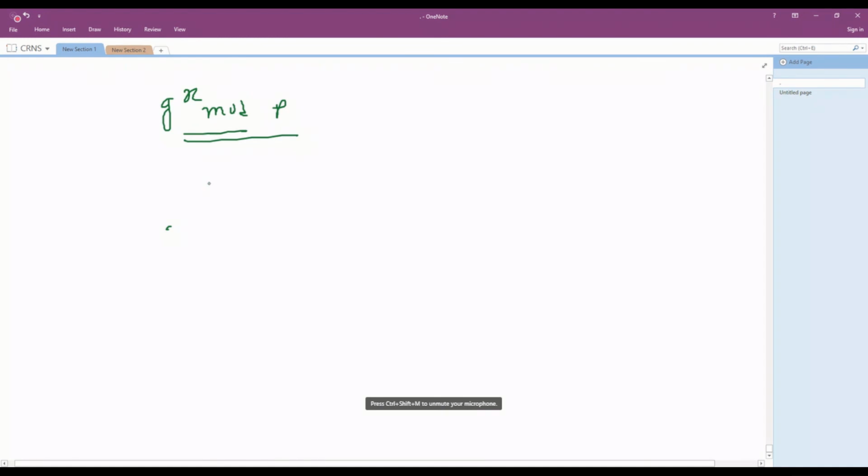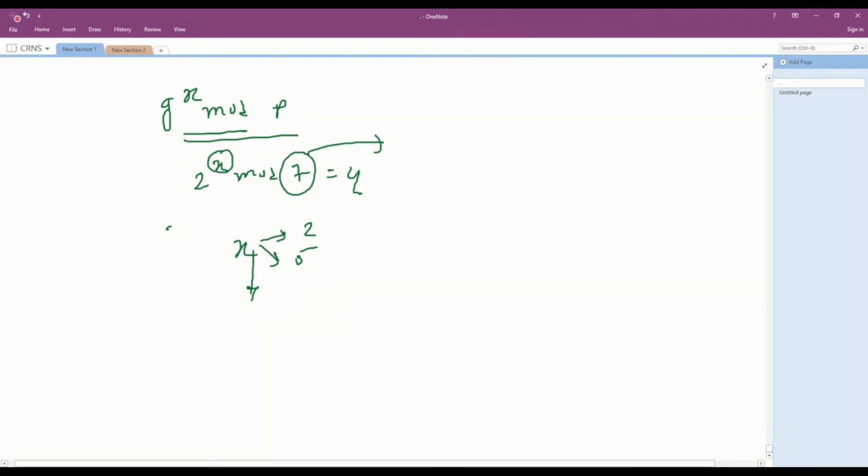If I put it this way, 2 raised to x mod 7 equal to 4, which is given to you, then for x you will have multiple possible values. Two of them are, let's say, 2 and 5. If you put 2, you get 4. If you have 2 raised to 5 mod 7, that is 32 mod 7, then also you get 4.